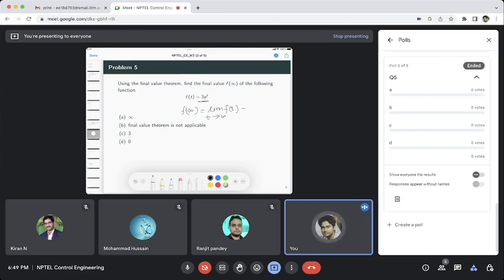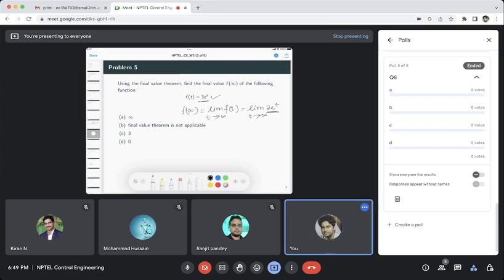And this f of t is 3 e to the power t. You know that for an exponential term, what happens if t goes to infinity? It goes to infinity, e to the power of a very large value. So this function is going to infinity.